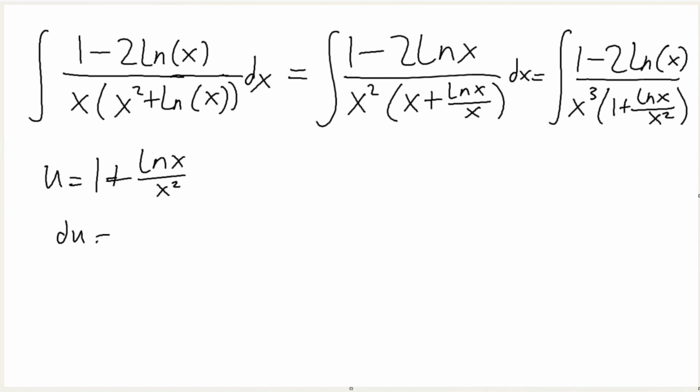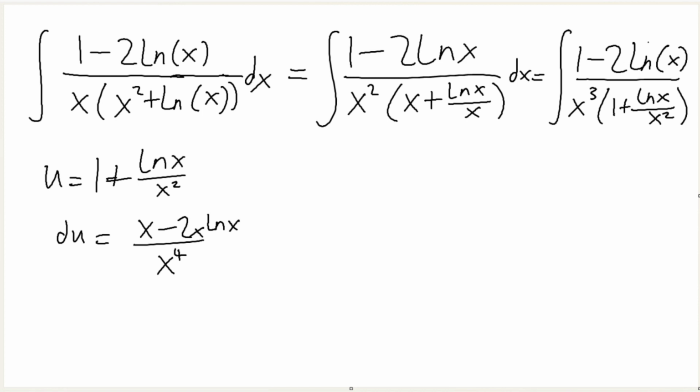So now du, with the quotient rule, we have x to the fourth, and then let's see, this 1 over x times x squared, that's x, and then minus 2x ln of x.